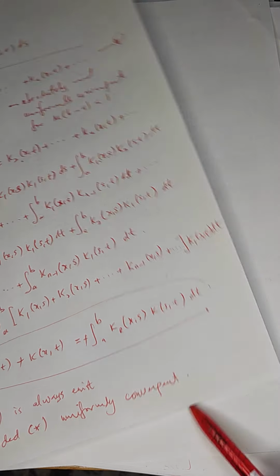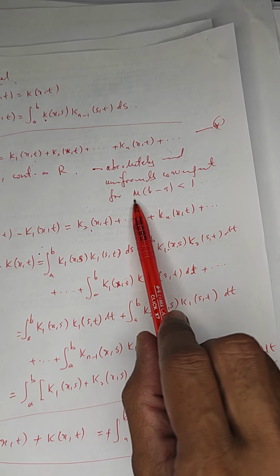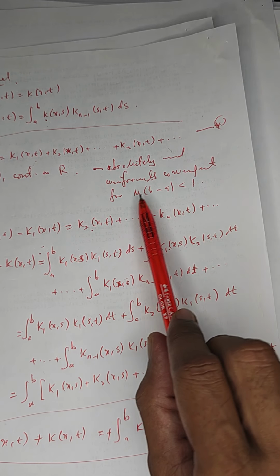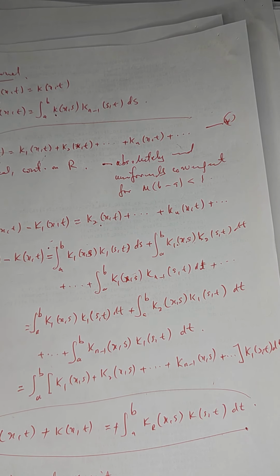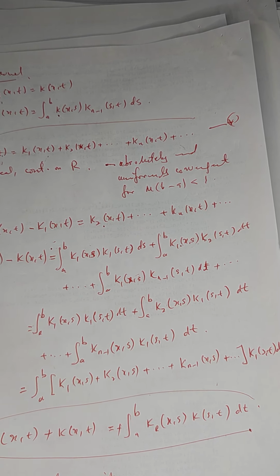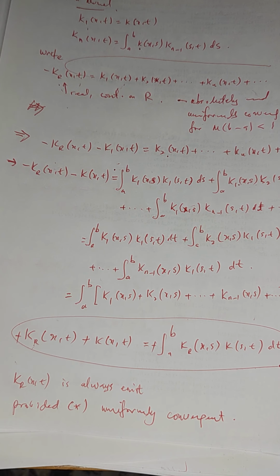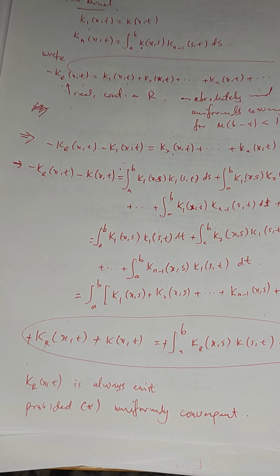And of course it converges because we have the condition (n−1) m (b−a) less than 1. This is given in our earlier statement. Okay, so with that, basically the explanation of the reciprocal kernel, I think I stop here with this video.